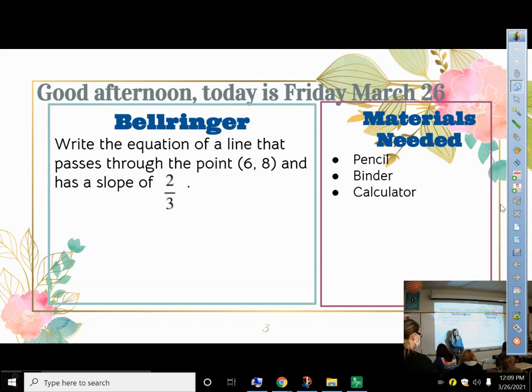On these calculators, I would do parentheses and then 2 divided by 3, close the parenthesis, and then times negative 6. I put my 6 for the x, and my x was 6. Oh, okay. So it should be negative 4, and then if you added 8, you would get positive 4. So y equals 2/3 x plus 4. Very good. Yes, it is y equals 2/3 x plus 4.